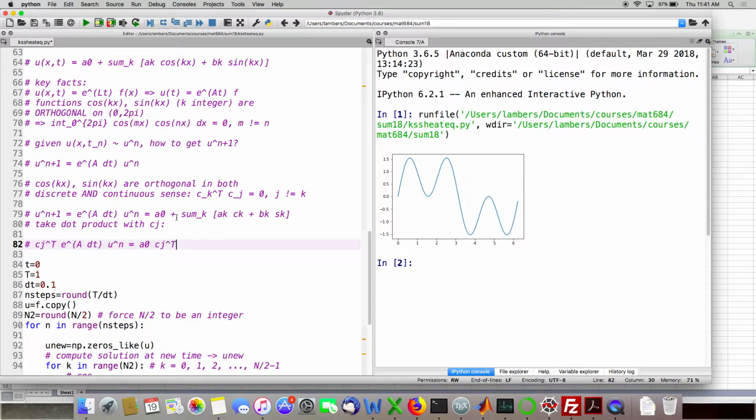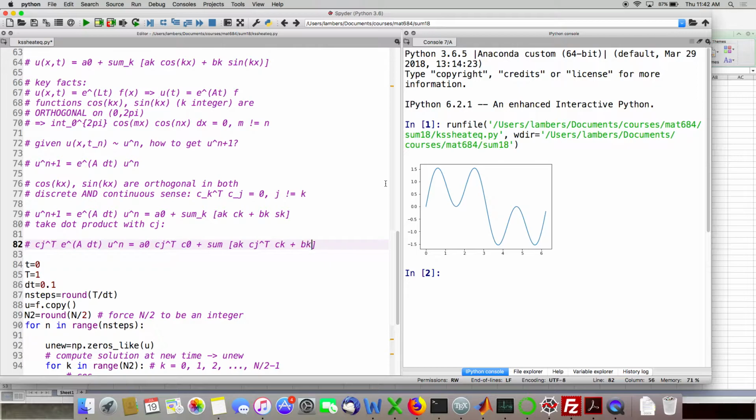A0 Cj transpose C0. C0 is an implied vector of all ones. So A0 is a number, but really it's A0 times a vector of all ones. Plus the sum, Ak Cj transpose Ck, plus Bk Cj transpose Sk.